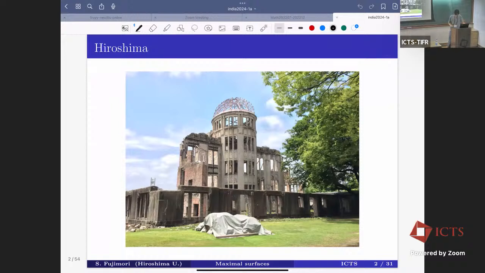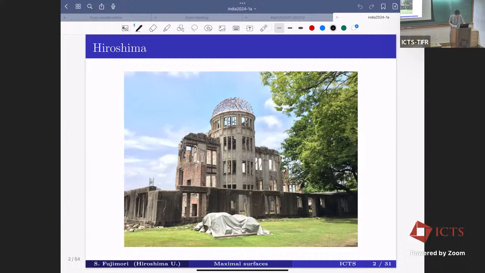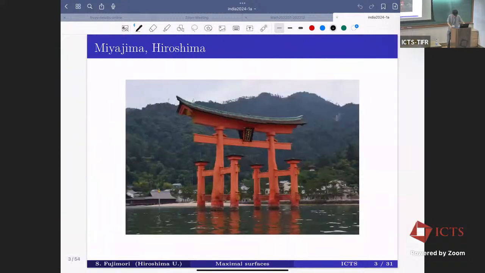This is not the university, but it is the Atomic Bomb Dome. It's located in the center of Hiroshima, a famous place for tourists. And we have another famous place for tourists, called Miyajima.